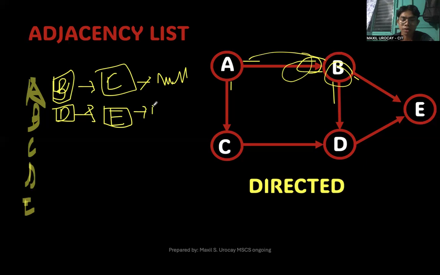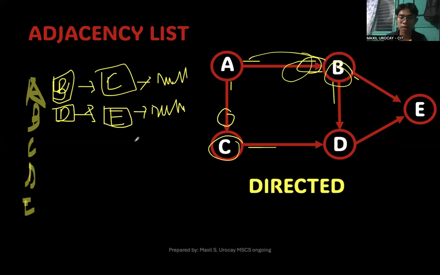Sorry, because I am having a hard time managing my touchpad on my MacBook. So letter C, what are the adjacent vertices of letter C? A is not counted.